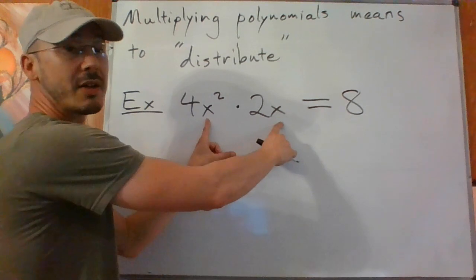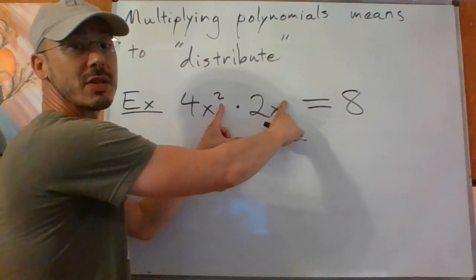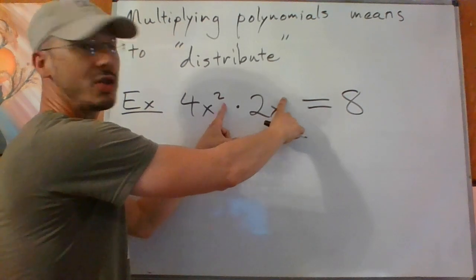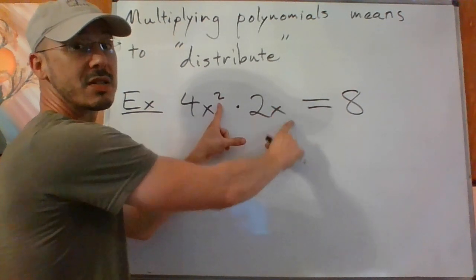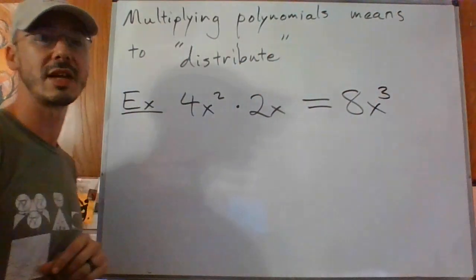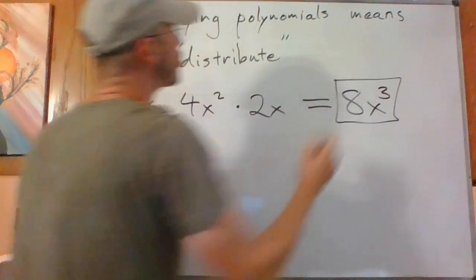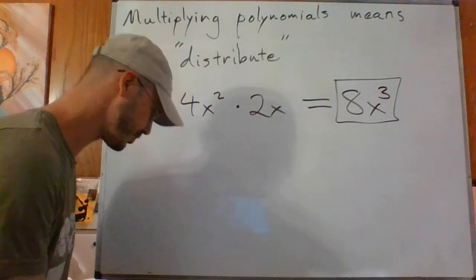To multiply the two expressions with the same base, I'm going to add the exponents. 2 plus 1, this is x to the first. 2 plus 1 is 3. And that's my product, which is what we're finding when we multiply things.